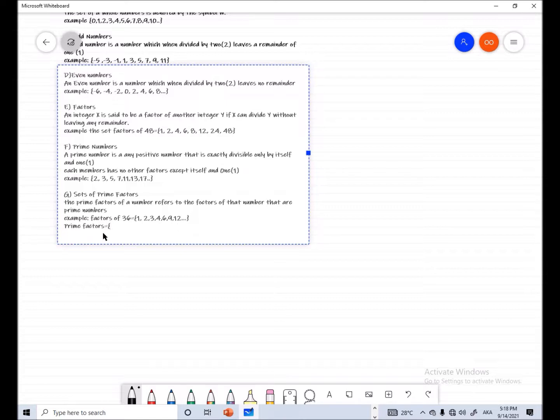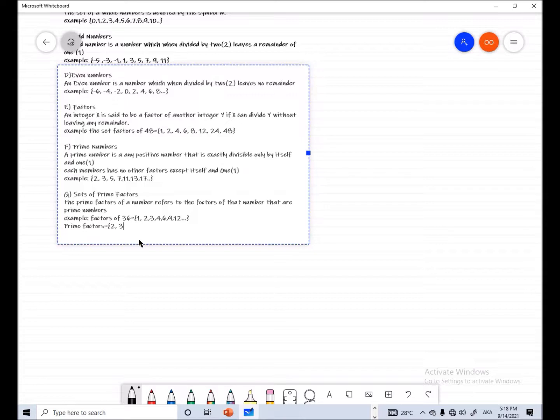So we want the prime factors, and we know that prime factors are numbers that have no factors. So we can talk of 2. Can we talk of 3? Yes. Can we talk of 4? No, 4 has factors, we can't talk of 4.